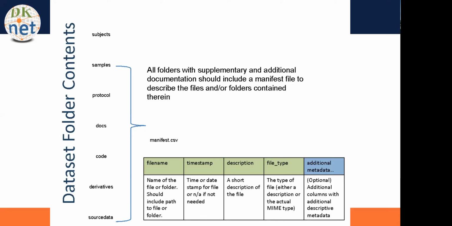You can describe that as containing electrophysiology data, and then the file type could be a description saying this is using the Neurodata Without Borders format, right? So NWB is a standard electrophysiology file format. And so you can describe that there. And so this gives the data set user some knowledge about what's there.